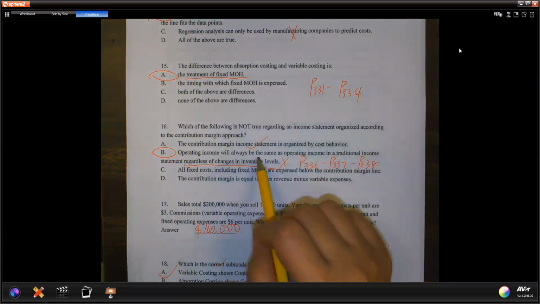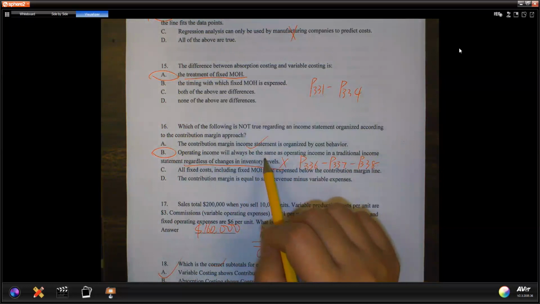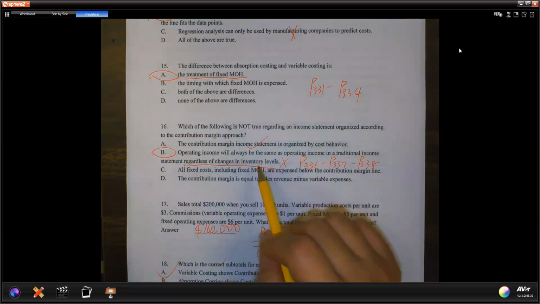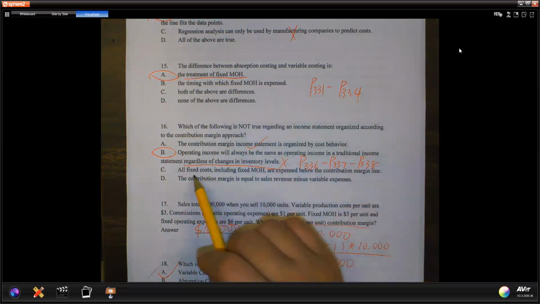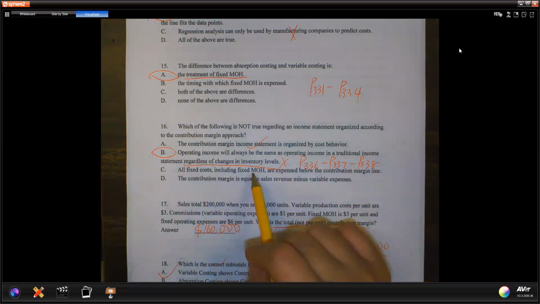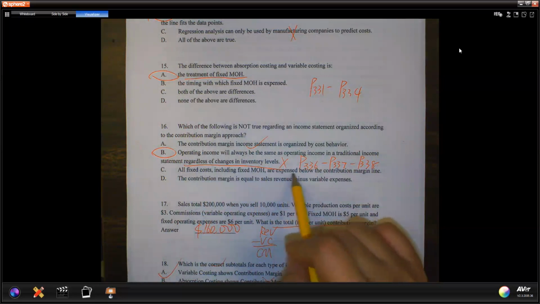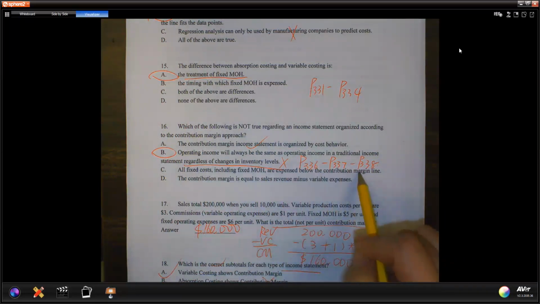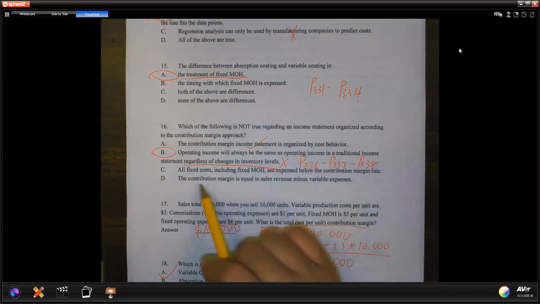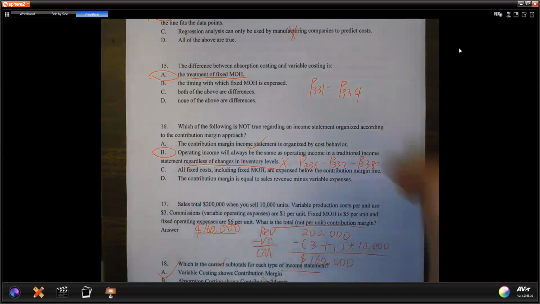Operating income is always the same? We said no. When production is more than sales, operating income under absorption costing is higher. All fixed costs, including fixed manufacturing overhead, are expensed under contribution margin, yes, because they treat all the fixed cost as period cost. Contribution margin is sales minus variable cost.